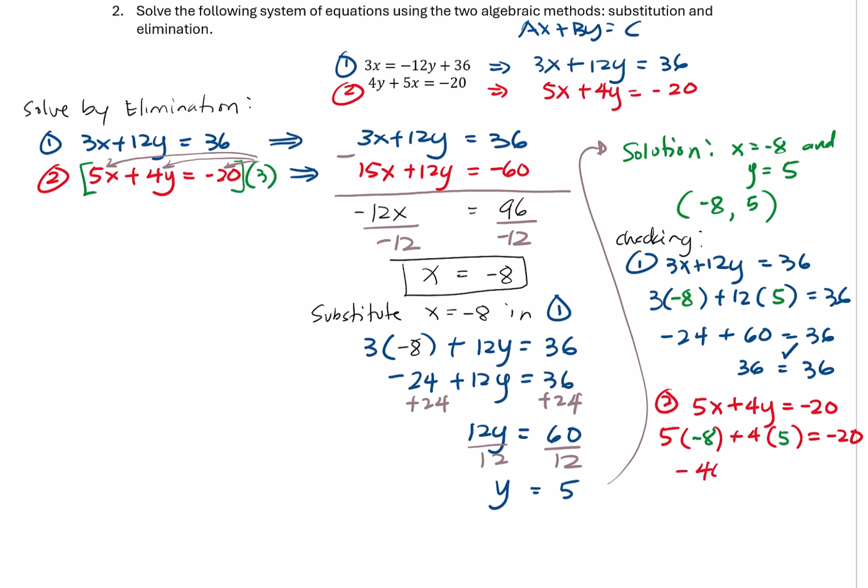This is negative 40 plus 20 equals negative 20. Negative 40 plus 20 is negative 20, which is equal to negative 20. So we have just verified that our solution is really negative 8 for x and positive 5 for y, because it works for both of our equations.